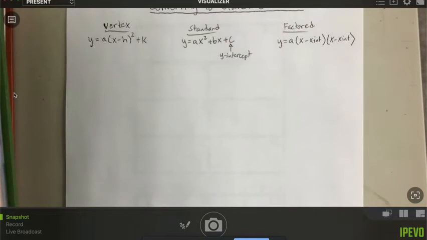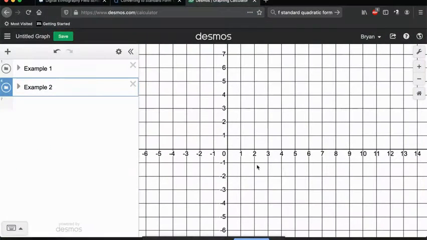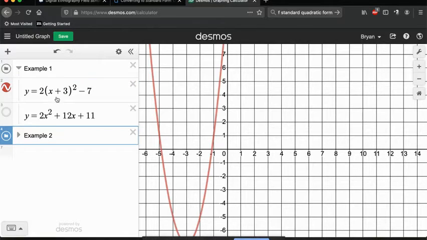To do that, we're going to take advantage of some of the facts we've been using since the early days of this class. As we do this, we're going to look at the graphs. For this first example, we have y equals 2 times x plus 3 to the second power minus 7.